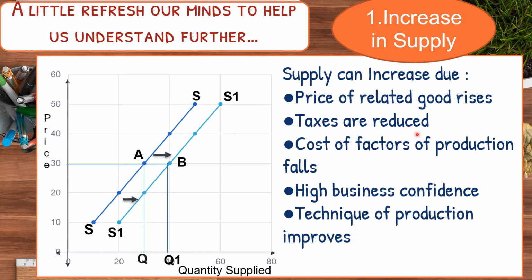If taxes are reduced and if subsidies are increased, then supply of this good will increase. If the cost of the factors of production falls, then supply will shift forward because the supplier is in a position to supply more at the same price. If there is high business confidence, the supplier is ready to supply more. Say, for example, the technique of production improves. The supplier is able to supply more at the existing price, and for all these reasons, the supply curve shifts forward.